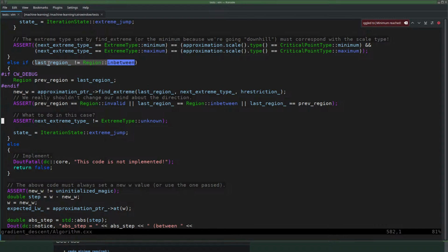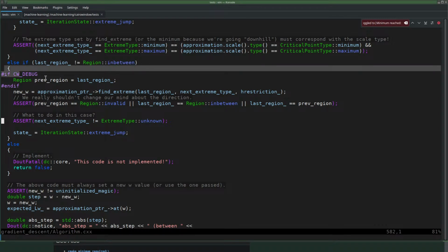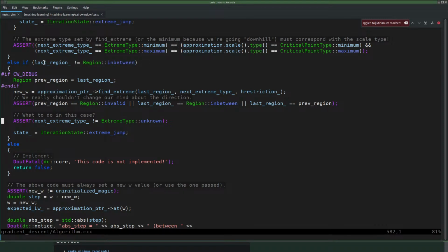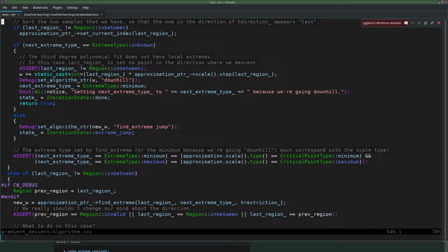I know I added invalid, so that gets into this point as well. If the last region is invalid, should we even get here then? It is kind of the same. If it is valid, it is kind of the same as this call, isn't it?